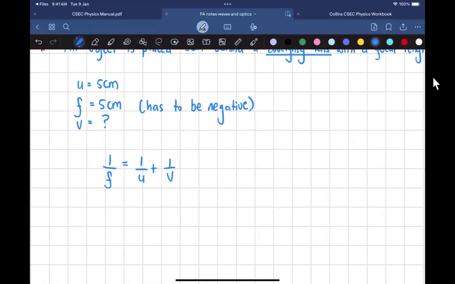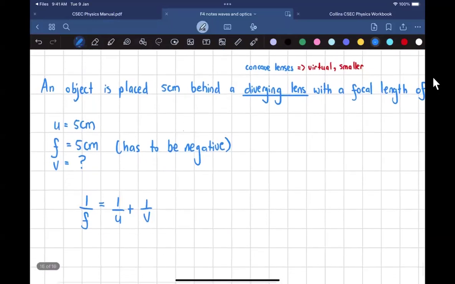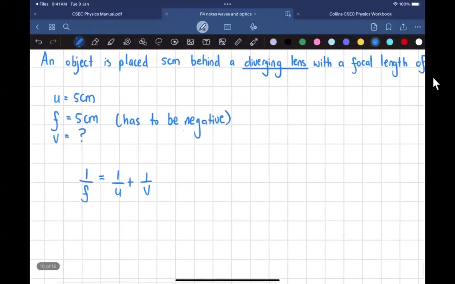So we're dealing with a divergent lens, and for divergent lenses, where is the image always formed? Behind the lens, yeah, because it's virtual. So if we're dealing with a divergent lens, it's supposed to be 1 over negative f, so minus 1 over f.